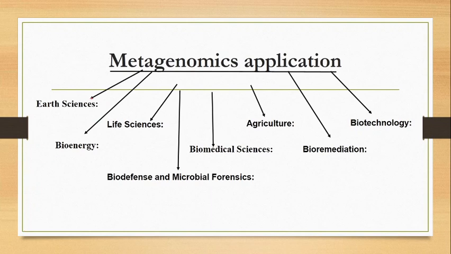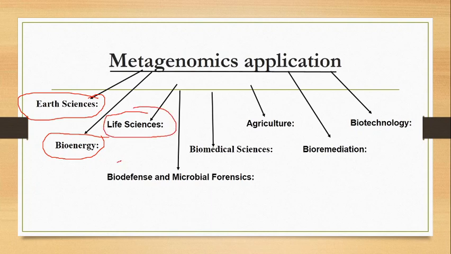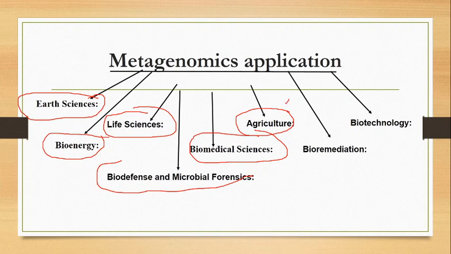Metagenomics has application in earth science. How, we will see. It has application in the bioenergy field, in life sciences, defense, forensic, biomedical sciences. It has application in agriculture, which is the most important parameter of our life.